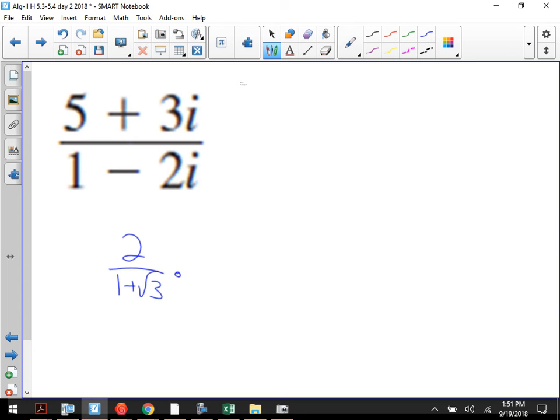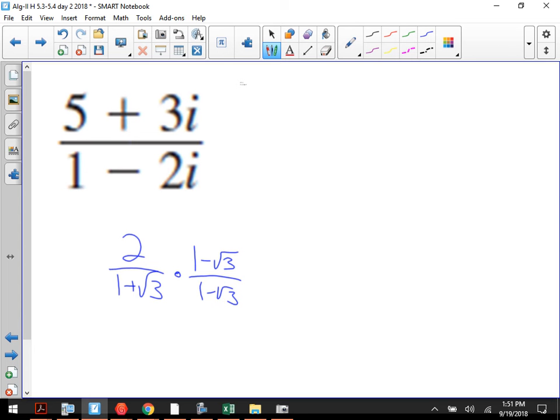So you'd multiply the top and bottom by 1 minus root 3, and then you would FOIL all that through. Because what is 1 minus root 3 divided by 1 minus root 3? It's 1. It's just a funky form of 1.